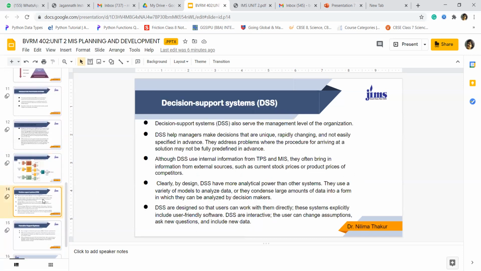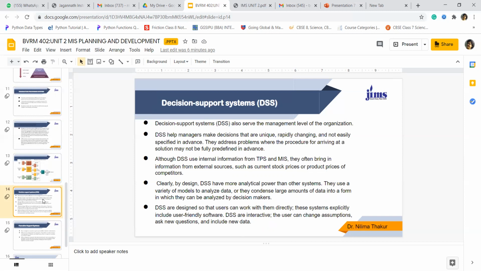Then coming down to decision support system, which also serves the management level of the organization. DSS help managers make decisions that are unique, rapidly changing, and not easily specified in advance. Although DSS use internal information from TPS and MIS, they often bring in information from external sources also, because we used to have the competitors' view as well, who is making analytical clarity into the decision support system.